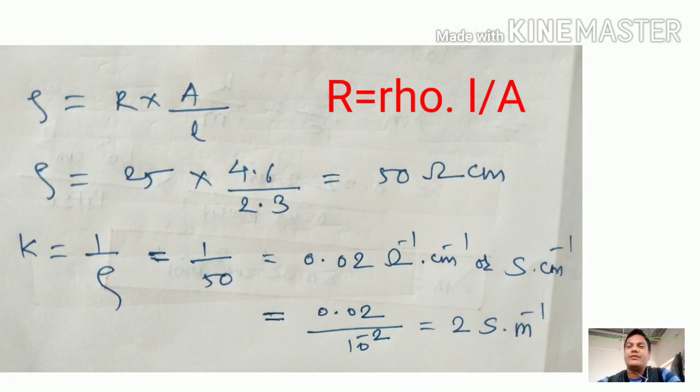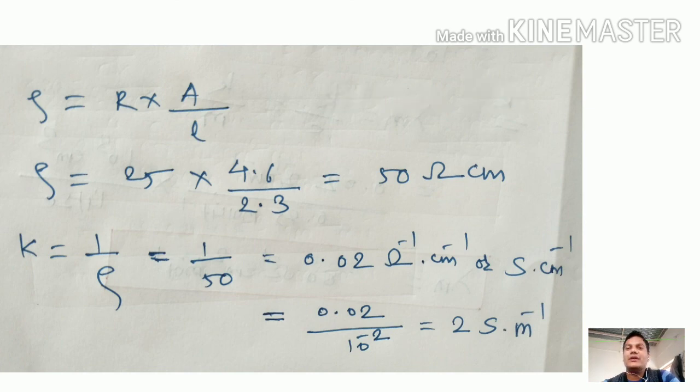Now just put in the formula rho is equal to R into A by L, because our formula is R is equal to rho into L by A. So for rho, it is R into A by L. Put in all the values, that is for R, then area of cross section, and then length. After calculation you will get rho is equal to 50 ohm centimeter.